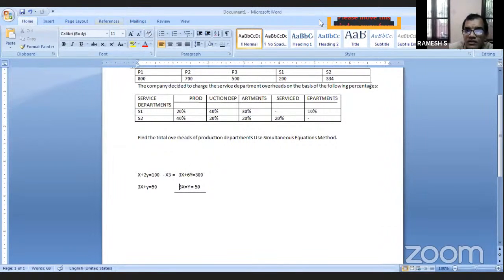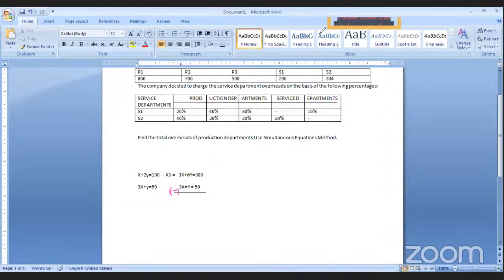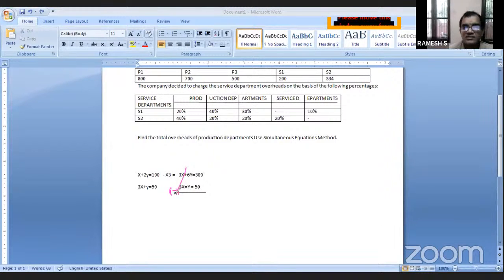Here we will deduct it. Now you see 3x minus 3x will be cancelled. 3x is 0. Now coming to 6y, and the equals side. So 6y, this is minus y now.